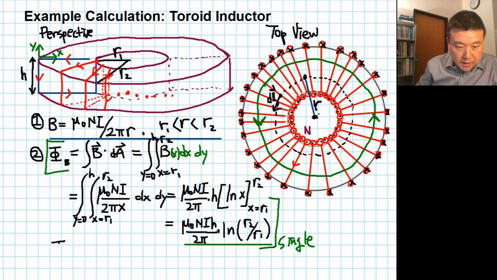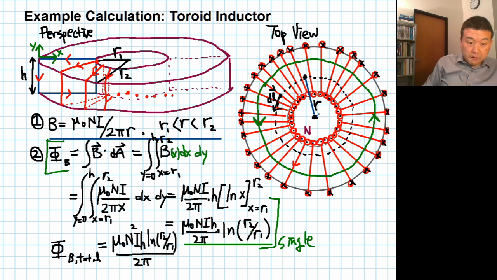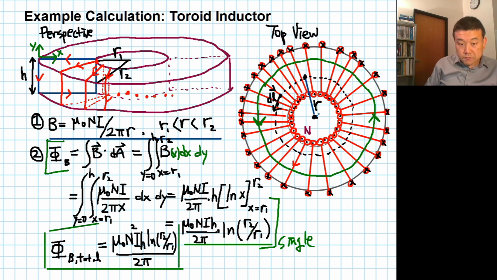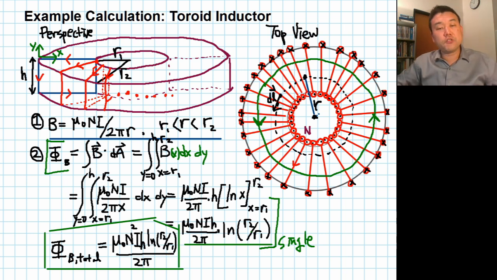So the total magnetic flux is mu naught times n squared, and the rest of the expression. All right, that's the magnetic flux. It does require careful calculation, but it's not that complicated. It's doable. That's why I like this illustration, because it's not a simple, trivial expression that you might guess. It does take work, but it's doable work.